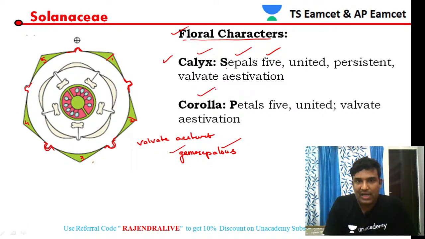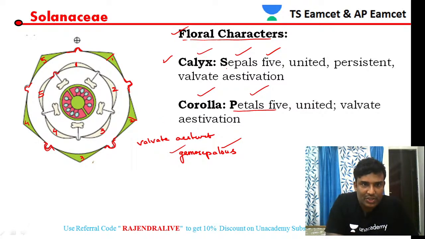Then let us see the corolla. How many petals are there? There are also 5 petals. Let us count: here this is the anterior position, 1, 2, 3, 4, and 5. So here also you have 5 petals, and they are also connected.